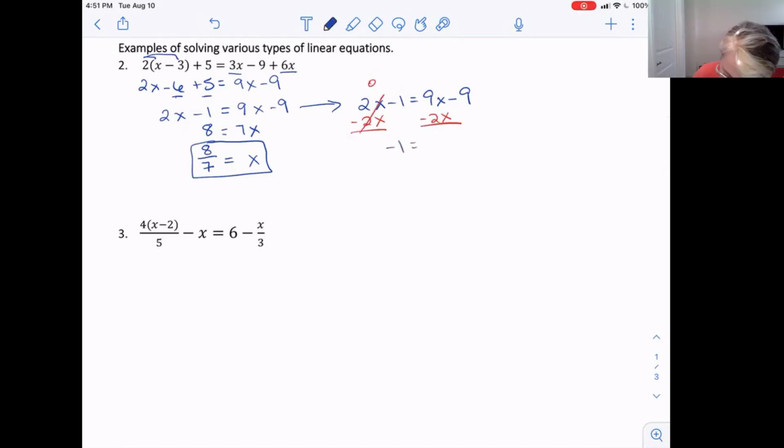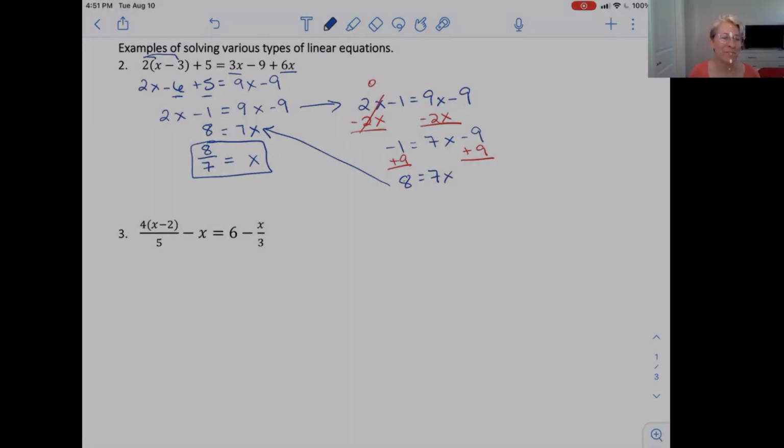We get -1 equals 7x minus 9. Adding 9 to both sides, and we get 8 equals 7x. Just like we did before. So if you're tired of getting all those little minute points taken off because of careless errors, write it out. It doesn't impress me that you don't write it out one way or the other, so write it out for yourself.